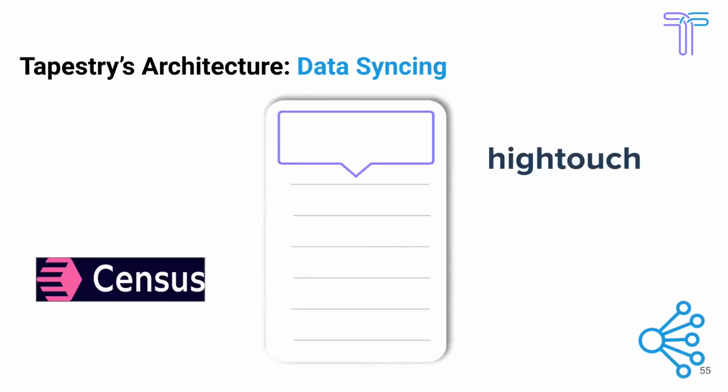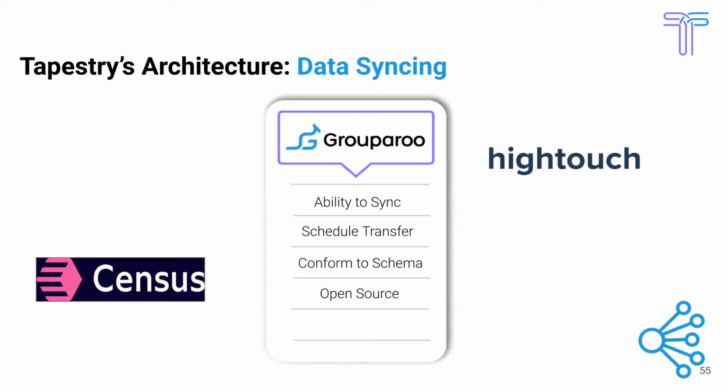While proprietary tools exist in the data syncing space, like Census and HighTouch, we opted to find one that was open source. Grouparoo is just such a tool, does everything that we need, and they have a kangaroo logo to boot, making them an easy pick.